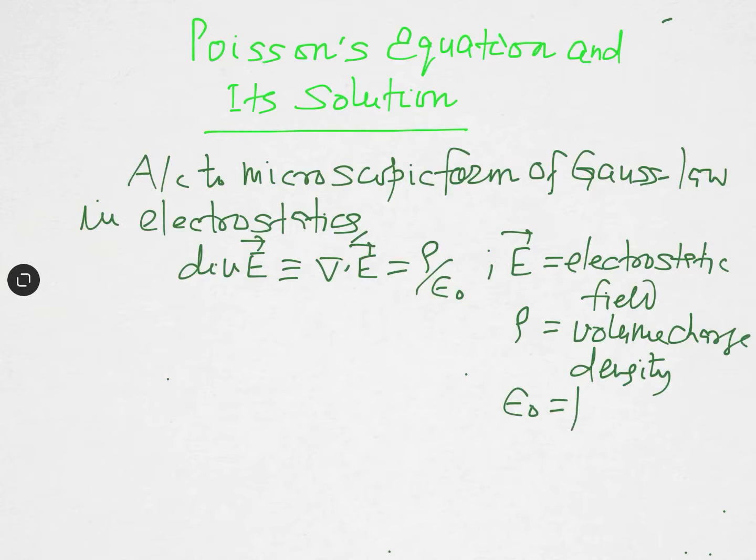Epsilon naught is the permittivity of free space, which is an absolute constant.